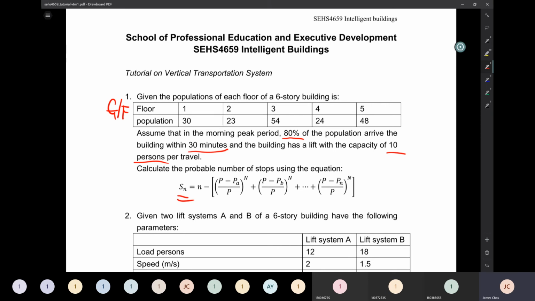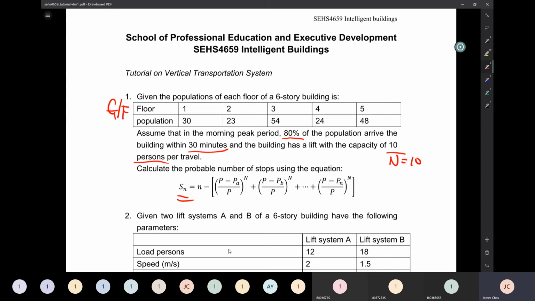Now in this example, we need to find out what the symbols are. Firstly, n equals 10. And PA, PB, PN mean the individual population for each floor. So I can work out the calculation for the first 2 floors for you, and you may work out the others for me.